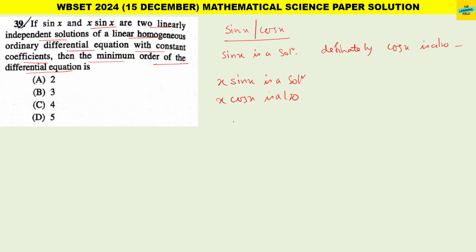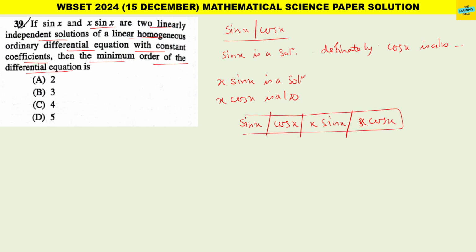Therefore we get four solutions actually, which are sin x, cos x, x sin x, and x cos x. So these are the four, and they are obviously linearly independent.